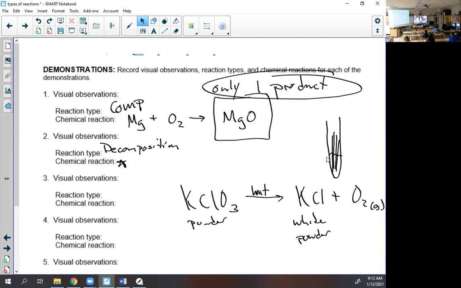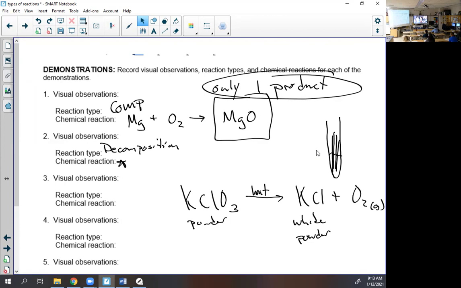The wood sticks will get hot enough back here in the fume hood that they start to burn. Wood is made out of carbon, hydrogen, and oxygen. Cellulose is its technical name. So those carbon, hydrogen, and oxygen bonds are going to be broken down, and they'll release heat.